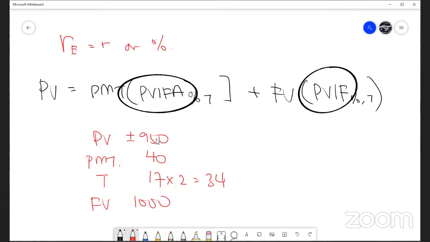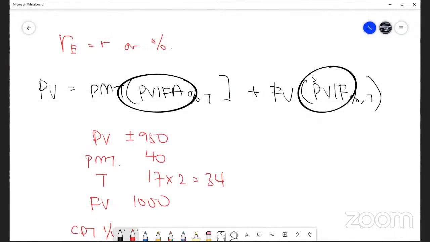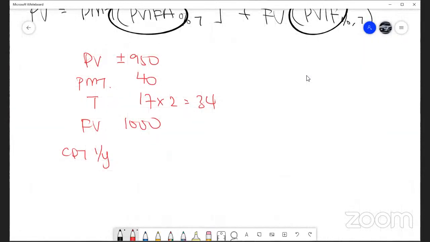So you got your PV, your payment, your FV, and your T already, so you can straight away compute IY. This one you must use a calculator, no choice, unless you use trial and error, which is going to take a very long time.